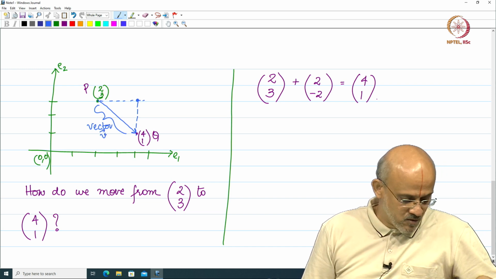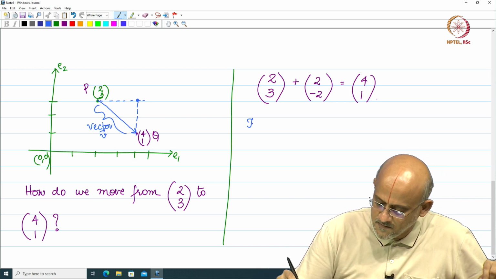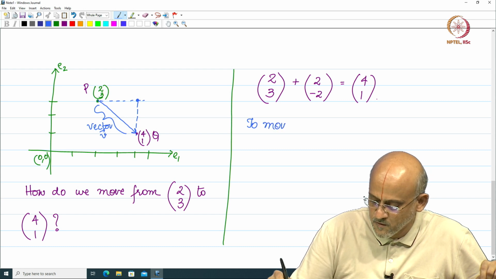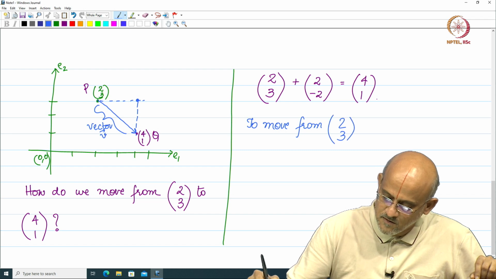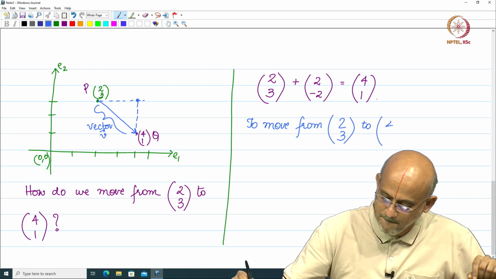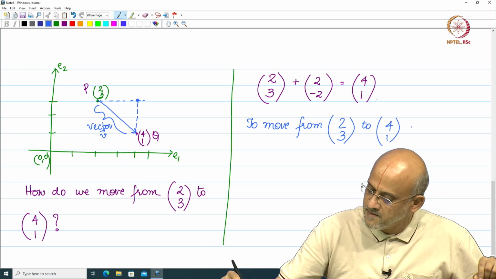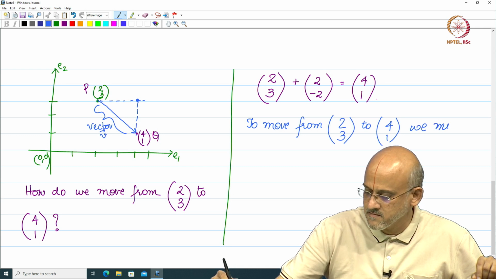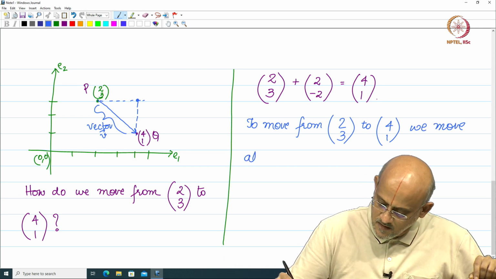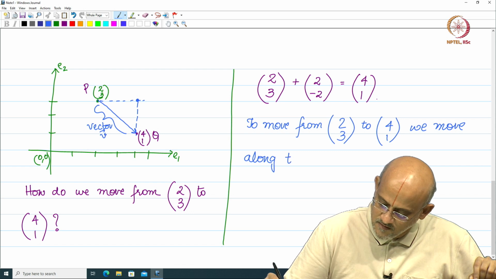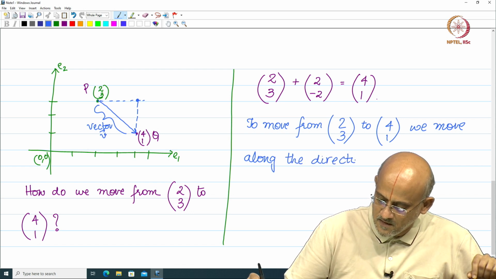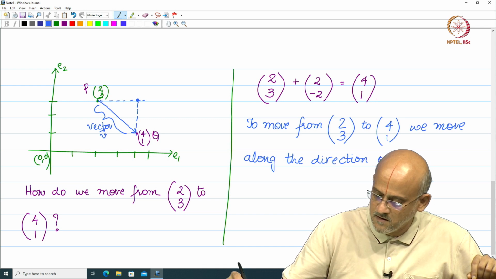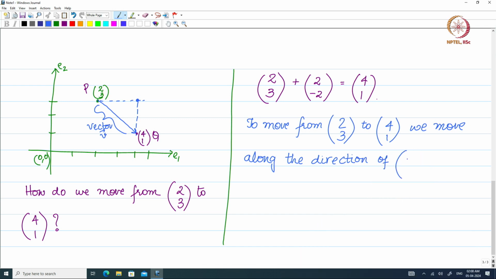Is this clear? So, to move from (2, 3) to (4, 1), we move along the direction (2, -2).